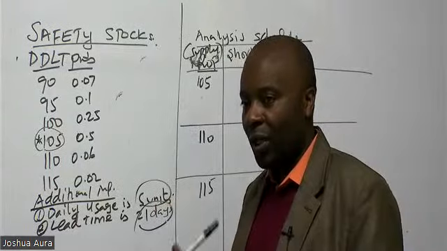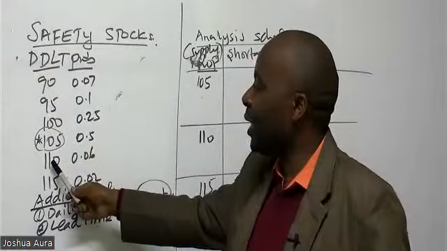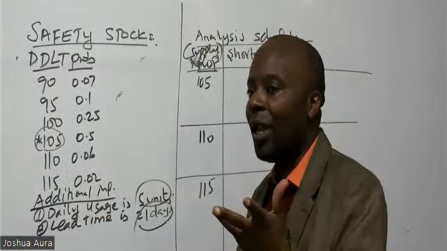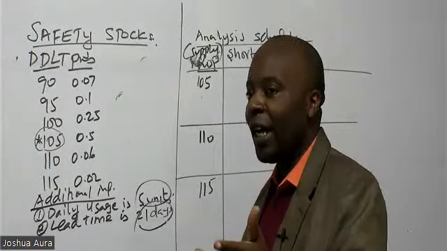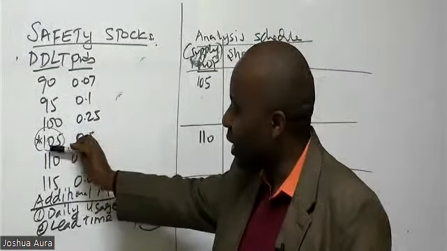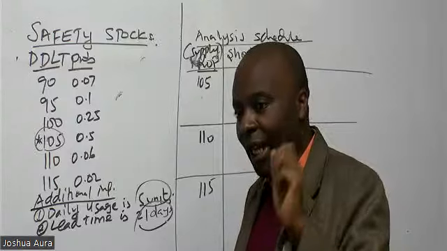So we're asking ourselves, what if we just stock 105 and then 110 people come? How many people shall we turn away? If we have stocked 105, and the first demand to exceed 105 is 110, then if 110 consumers come, we shall turn away how many people?